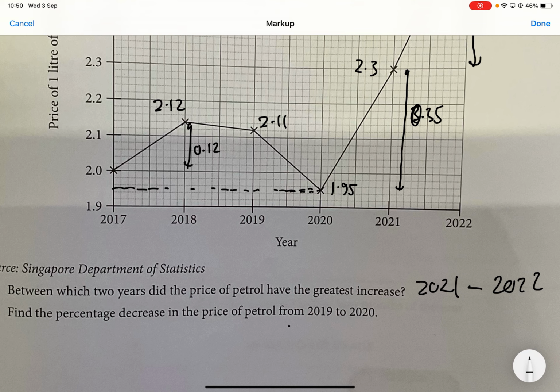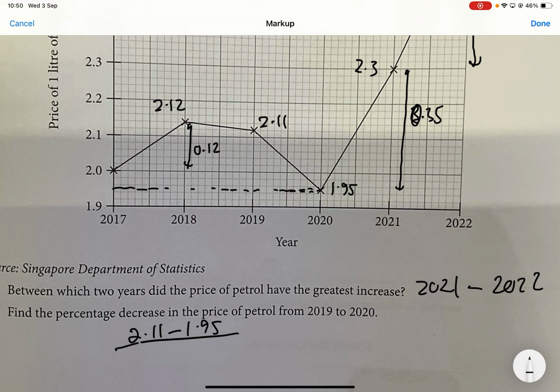So what is the decrease? The decrease is 2.11 minus 1.95. Then we want to change it to a percentage. Percentage of what? Percentage of the price of petrol. Then it is from 2019 to 2020. So the original price is the price in 2019.